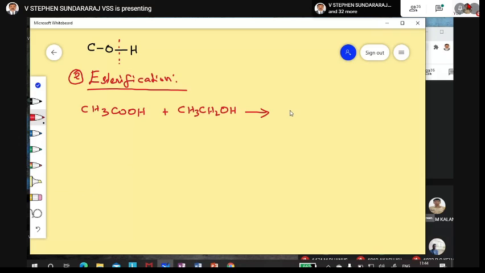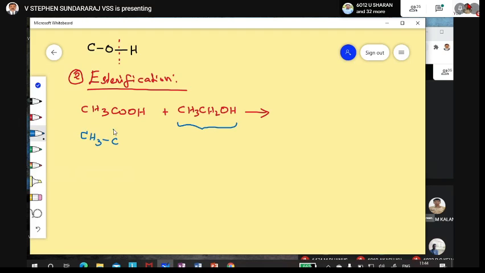Here, remember clearly that you have an idea why I am teaching this, because many of you are still unable to write. I have written the acid on the left side and the alcohol on the right side, because alcohol is our chapter. But don't worry about that. You have the idea about CH3, C double bond O and OH.